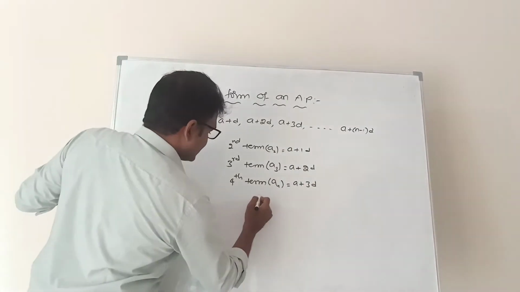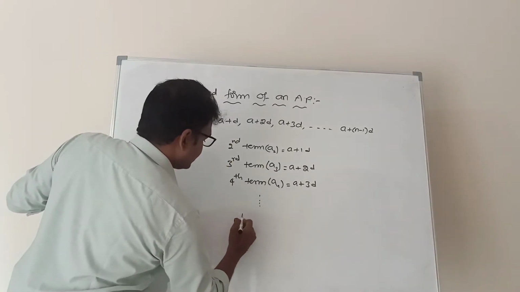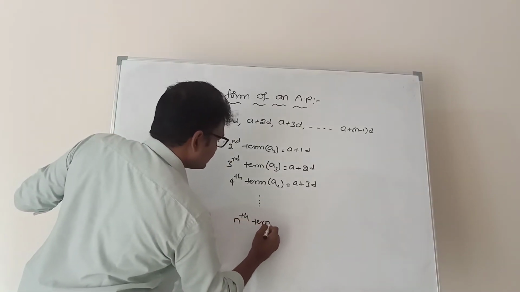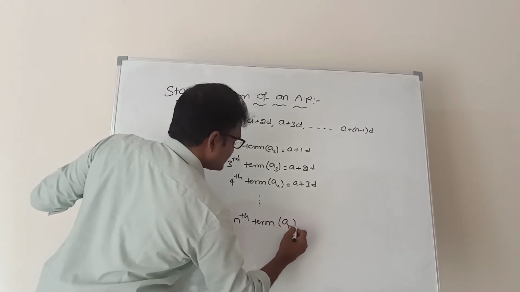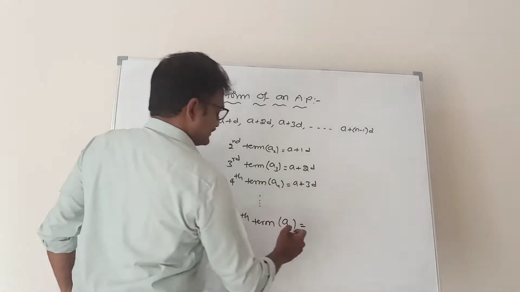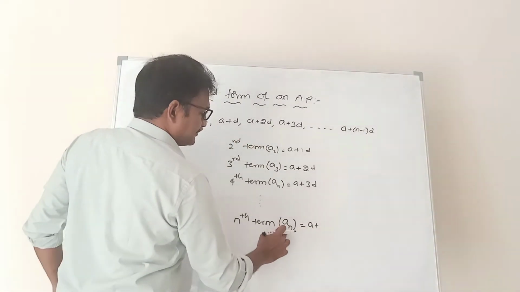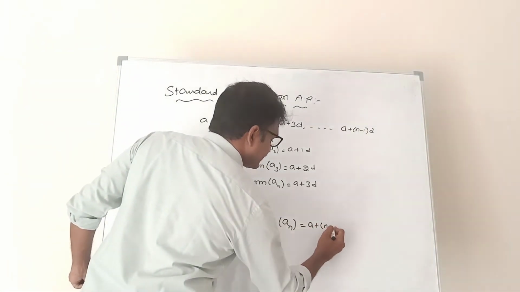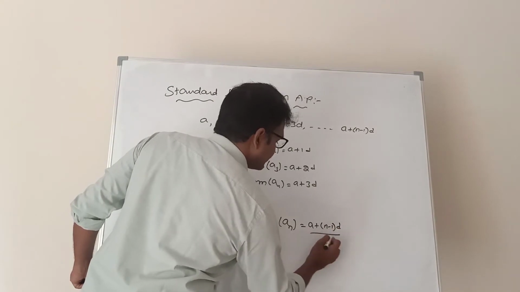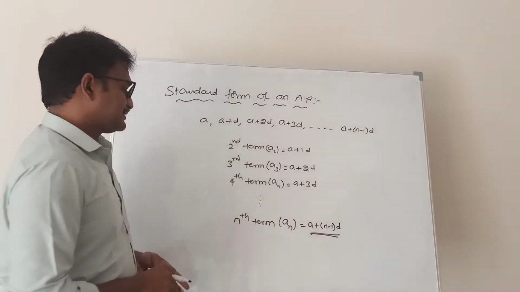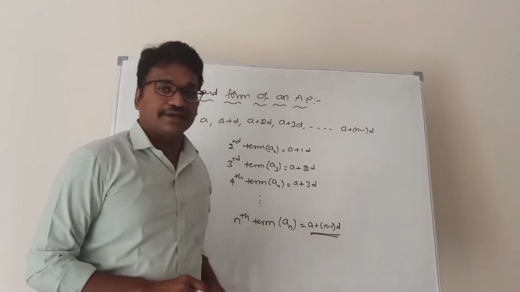Similarly, what is the nth term? An is equal to A plus, see, here n is there, so we should get one number less than n, that is n minus 1 into D. So this is called the nth term of an AP.